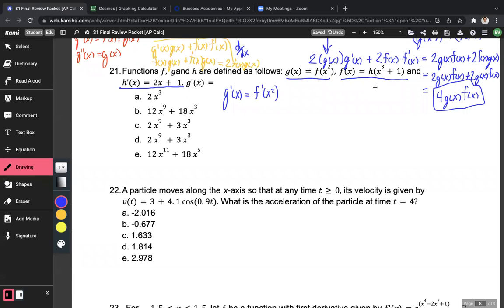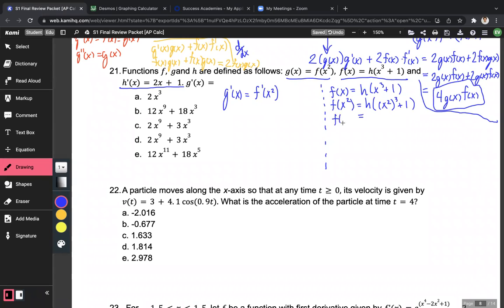So to make that a little bit easier on ourselves, let's actually make a note of something over here. I'm going to do 2 columns here. I'm also going to corner that stuff off so we don't confuse ourselves. F of x equals h of x cubed plus 1. That means that f of x squared is going to equal h of x squared cubed plus 1.